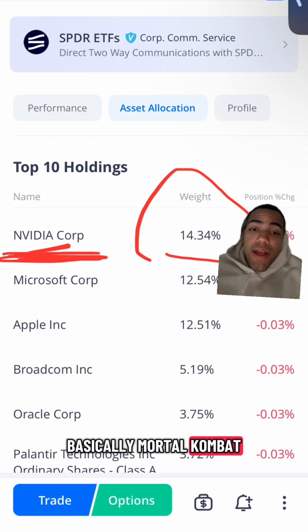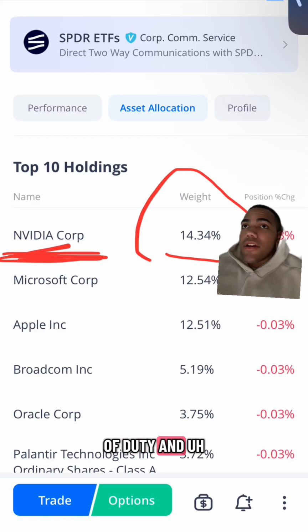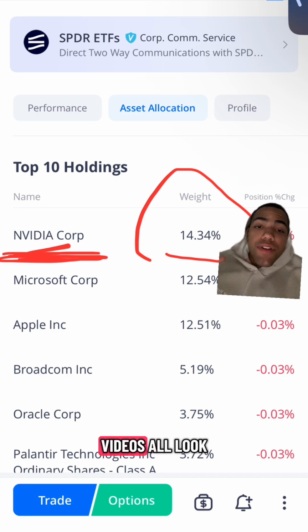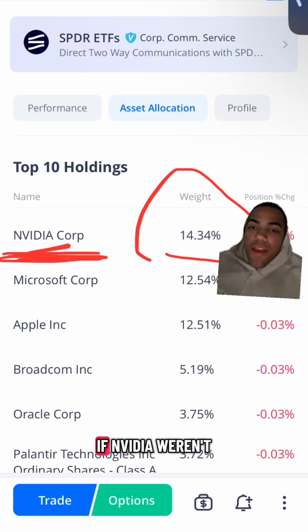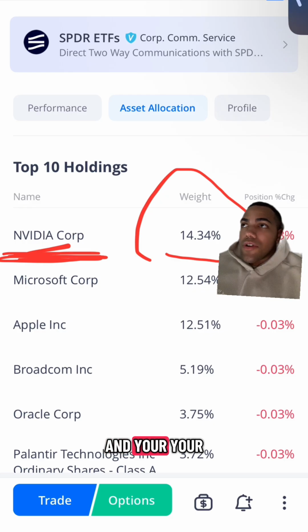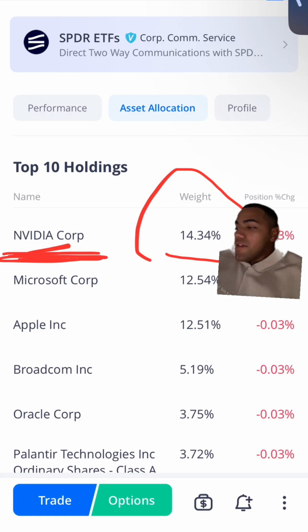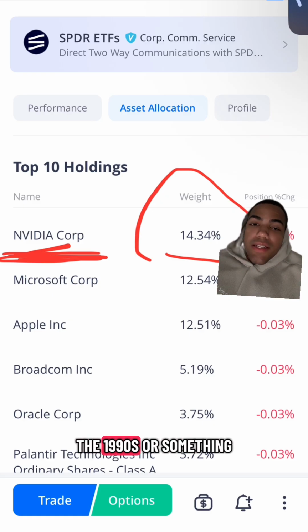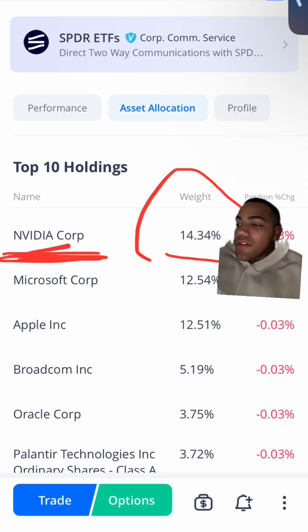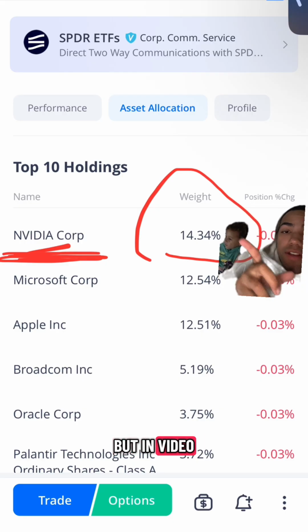Basically, Mortal Kombat and your Call of Duty and your AI videos all look the way they do because of NVIDIA. If NVIDIA weren't NVIDIA, your Mortal Kombat would still look like an arcade game, and your Call of Duty would still look like Doom in the 1990s or something. I don't know. But NVIDIA is top performer.